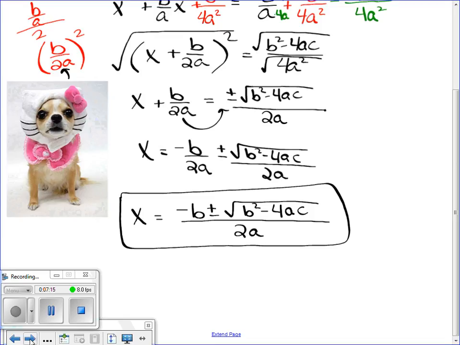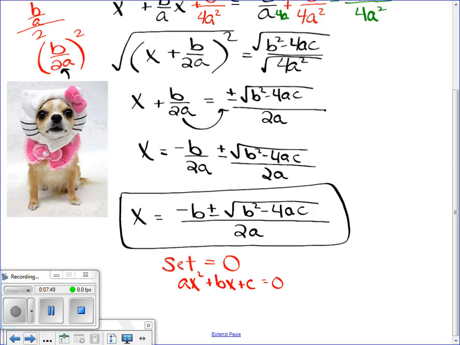All right, this formula, you do need to memorize. On your pink sheet, you have that last column. The first thing you're going to write is set equal to 0. So your equation needs to be set equal to 0. Standard form, so you may want to write on here ax squared plus bx plus c equals 0. Do you see where the a, the b, and the c are coming from in the formula?